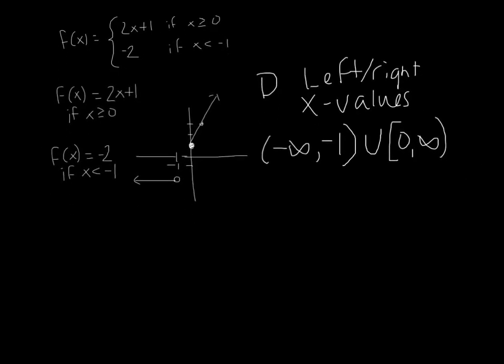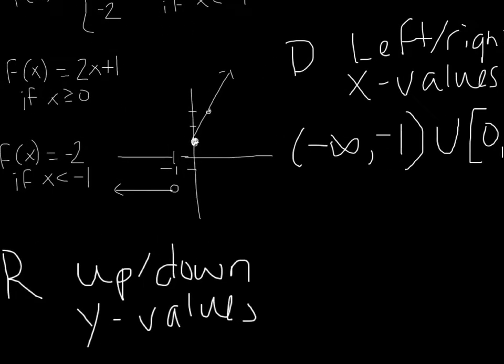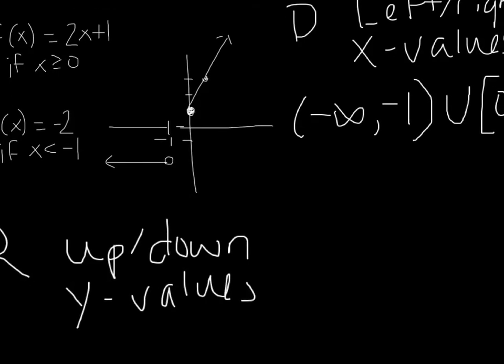Let's go over here. Remember, the range is how far up and down the graph goes, and that's because you're considering the y values. So let's look at the graph. Let's do how far down the graph goes first.